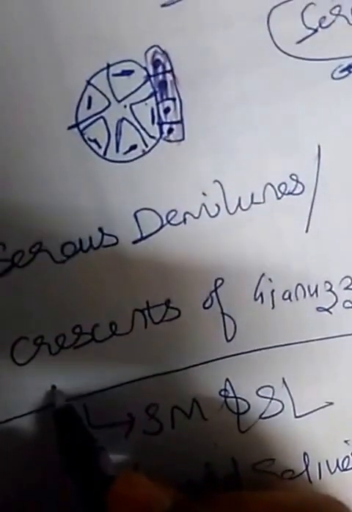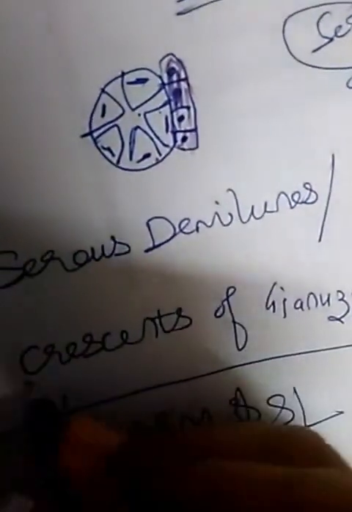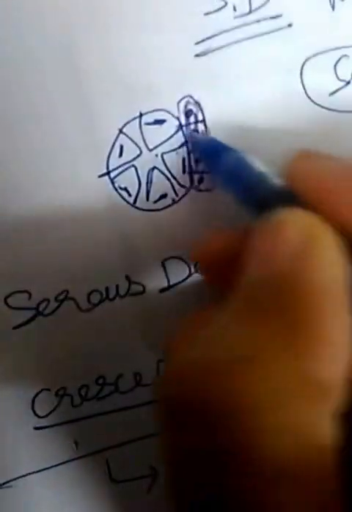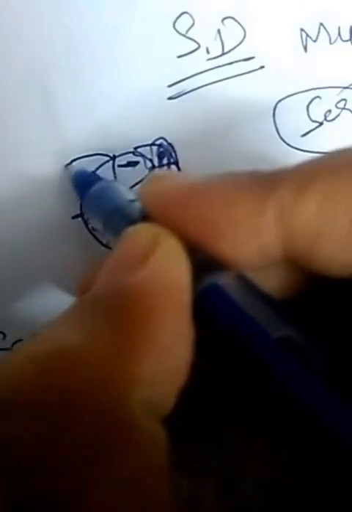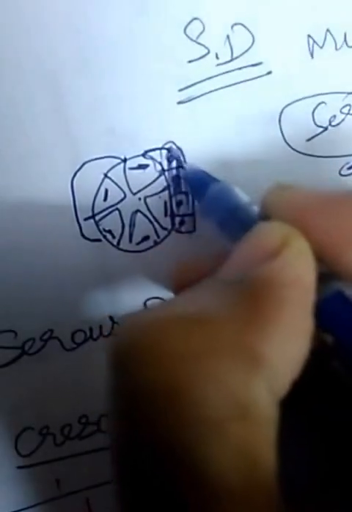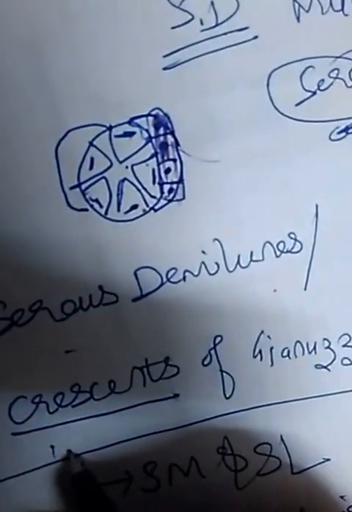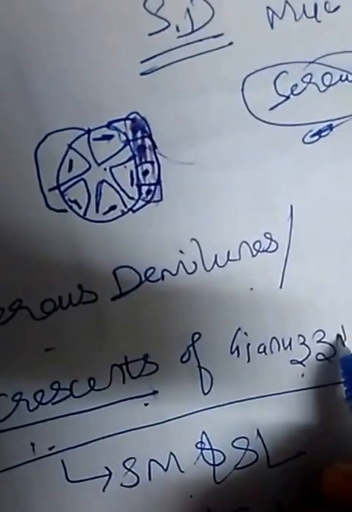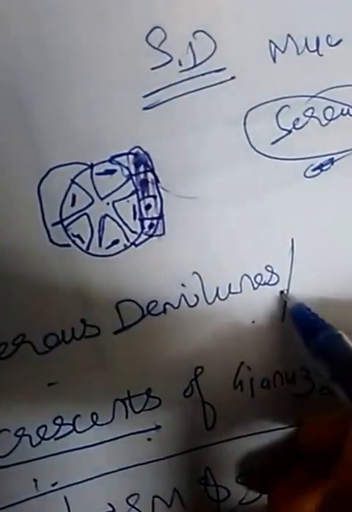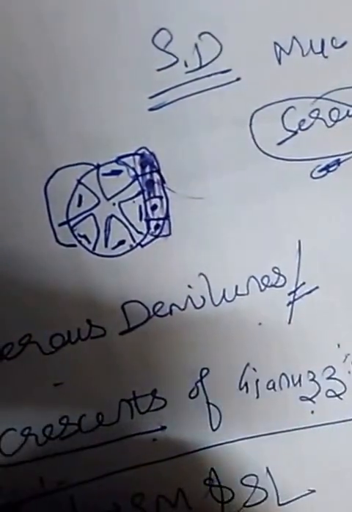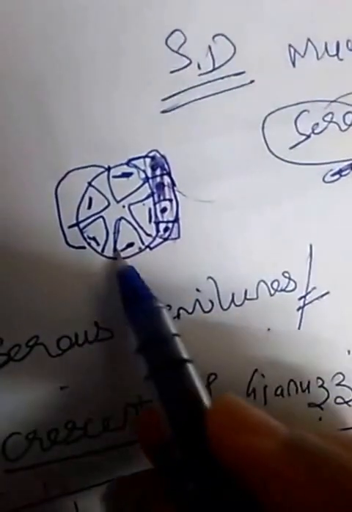Crescent means semilunar in shape, a cap-like semilunar shape, just like this. So serous demilunes are also called crescents of Giannuzzi. If the question comes in the form of serous demilunes or crescents of Giannuzzi, you must know that these are the same thing.